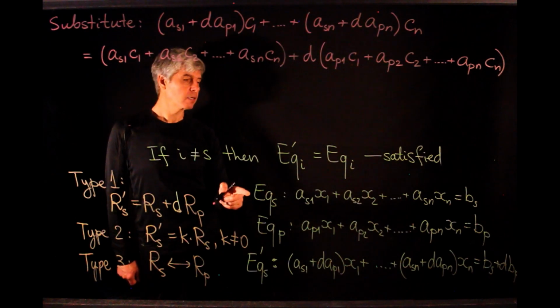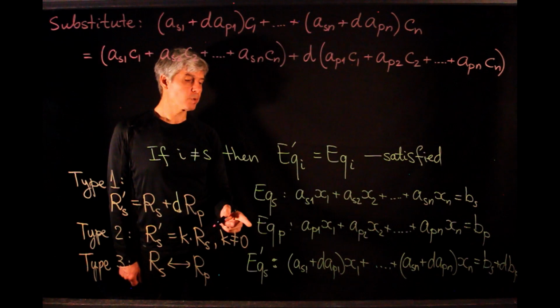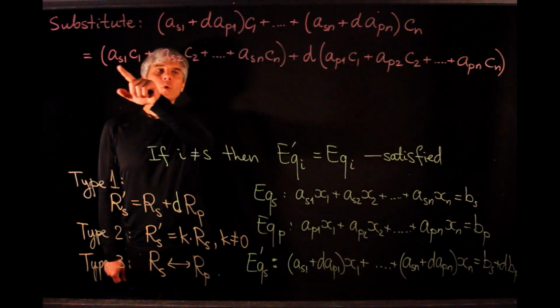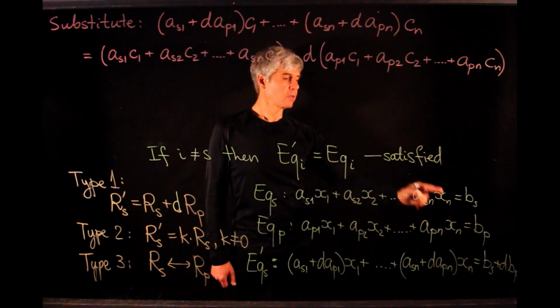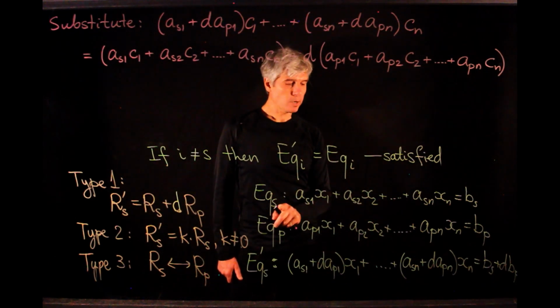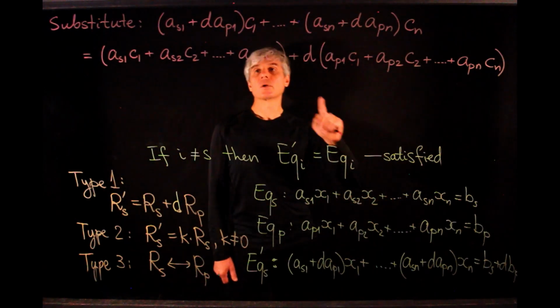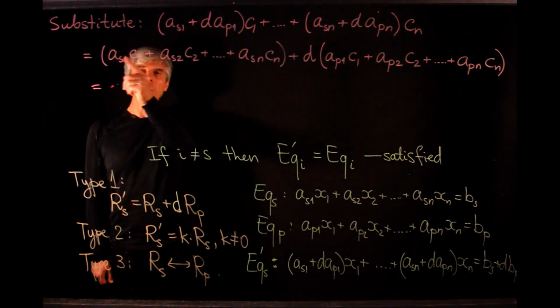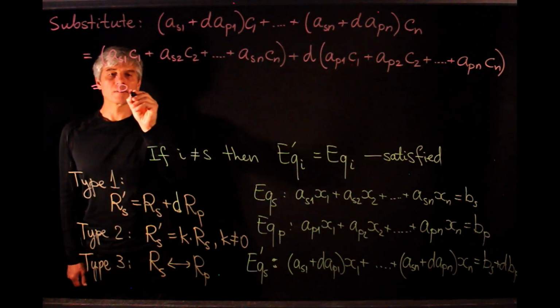In particular, they satisfy equation number S and equation number P. What we have here is precisely the left-hand side of equation number S evaluated at c1, c2, ..., cn. So this means that the first expression simplifies simply to BS.